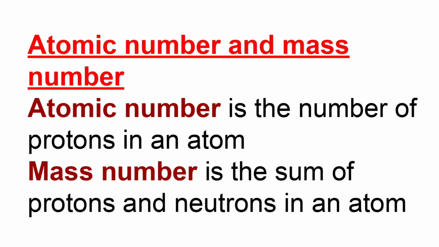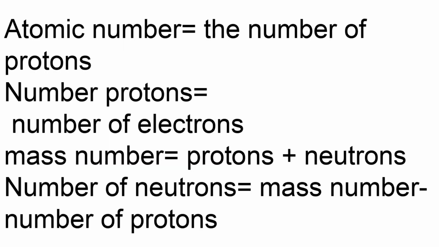Now, atomic number and mass number. Mass number is the sum of protons and neutrons in an atom. In any atom, atomic number is the number of protons. Number of protons equals the number of electrons. That is why an atom is electrically neutral.